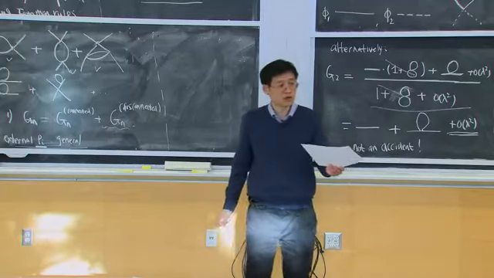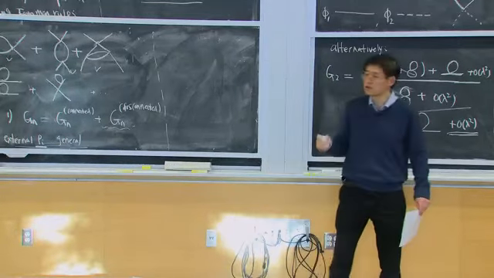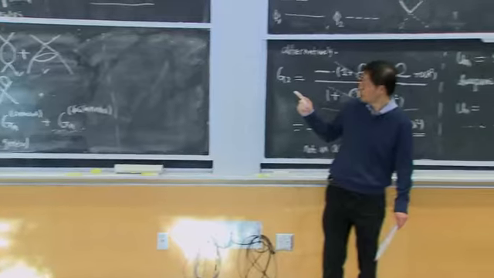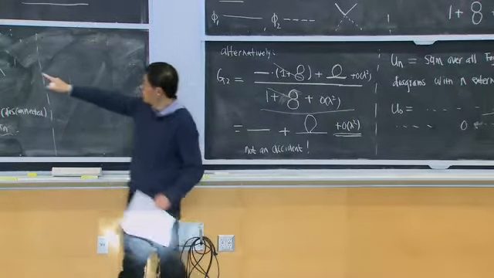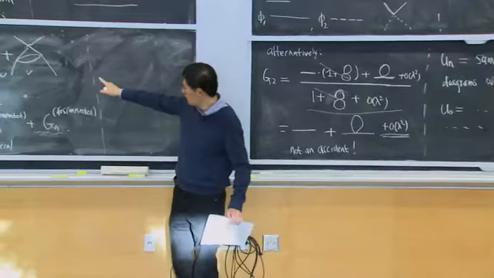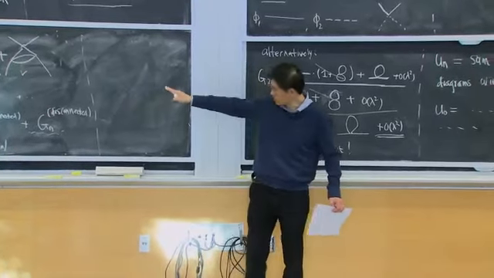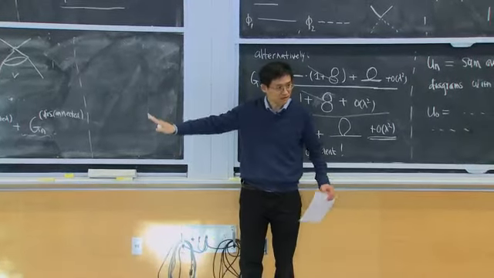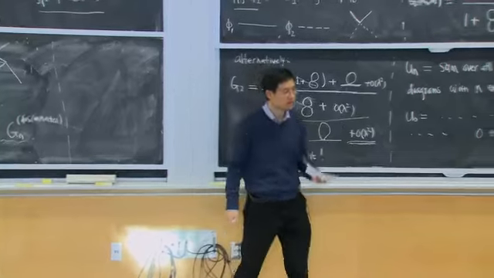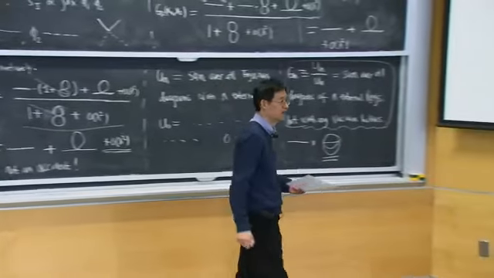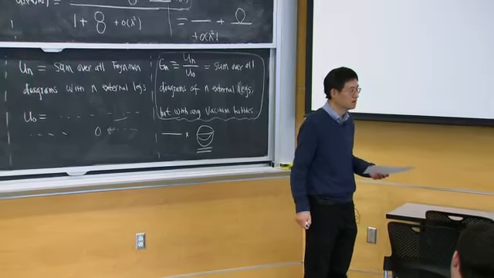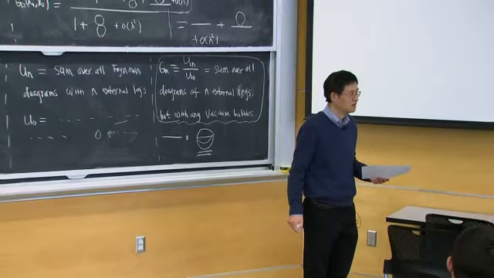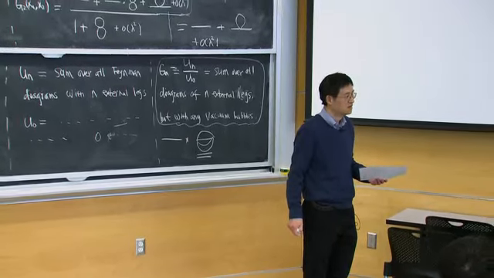Good. Any other questions? Because this concludes our discussion of calculating such Feynman correlation functions for an interacting theory. Yes. You just said that it's not convergent, but it is asymptotic. What's the distinction between those?